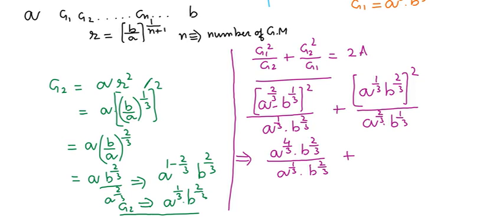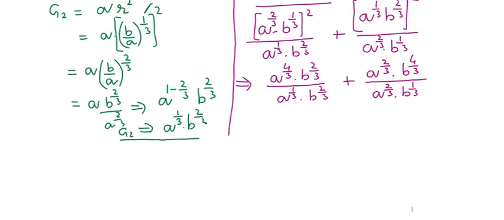See here, powers will be multiplied, then we will have in the numerator a raised to the power 2 by 3 into b raised to the power 4 by 3, upon a raised to the power 2 by 3 into b raised to the power 1 by 3, my dear.